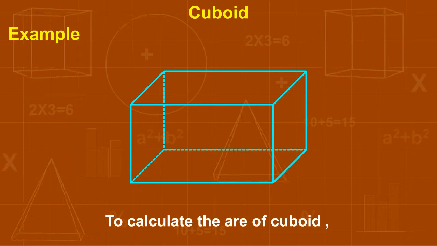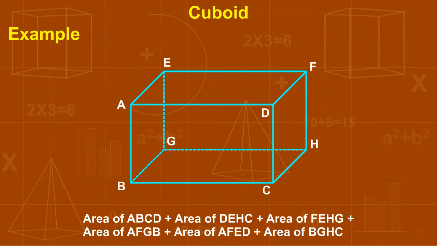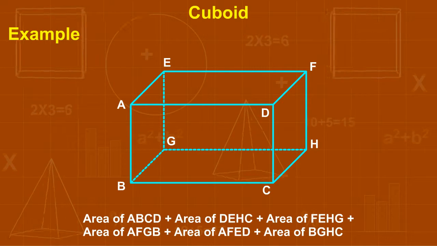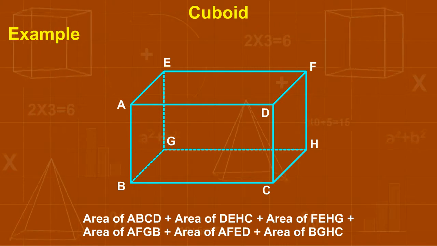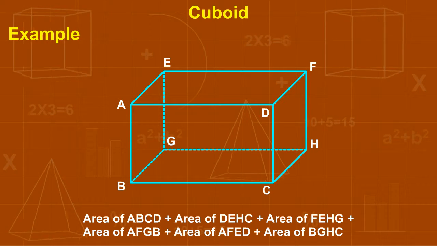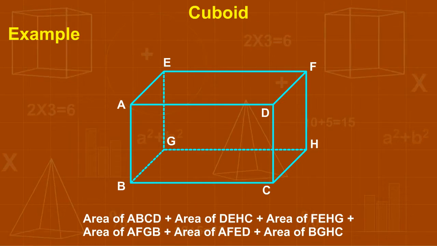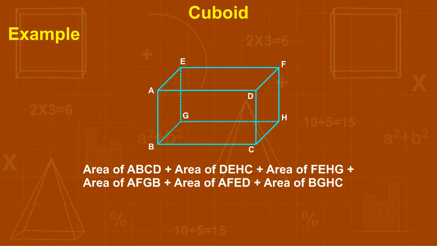To calculate the area of cuboid, we will add area of ABCD plus area of DEHC plus area of FEHG plus area of AFGB plus area of AFED plus area of BGHC.